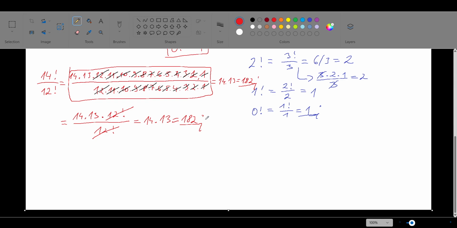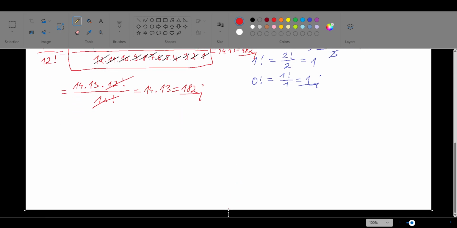Now let's do a couple more exercises with the factorials and numbers, and then we will go to some expressions and we will simplify the expressions, but maybe we will do it in the next video.